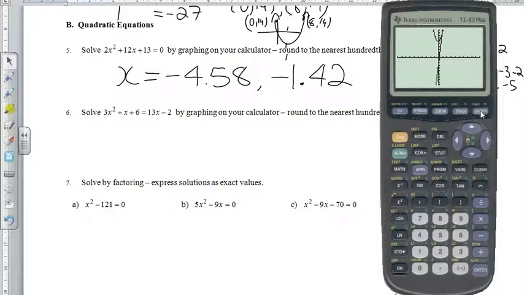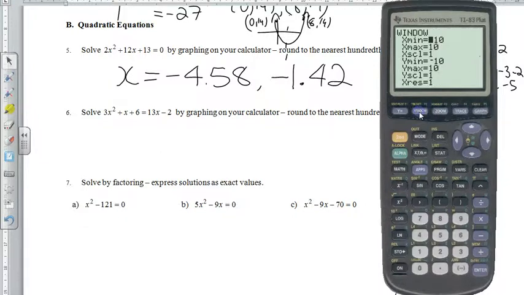Whoa, okay, this I need to adjust, because stuff is happening up here. I'm interested in maybe from, let's say, -5 to 5, and it's like 5 or 6 up.